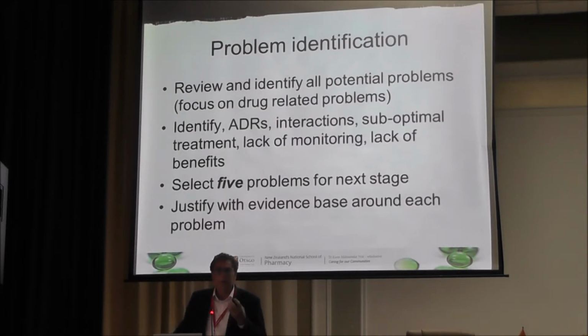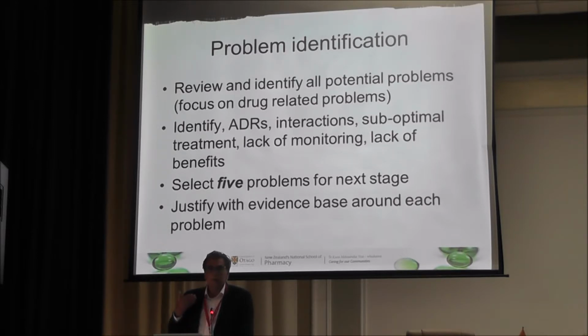So in the problem identification, we're very much putting the focus on drugs and medicines and the associated clinical conditions. They're reviewing and identifying all the potential problems, looking at the potential adverse drug reactions of the patients.